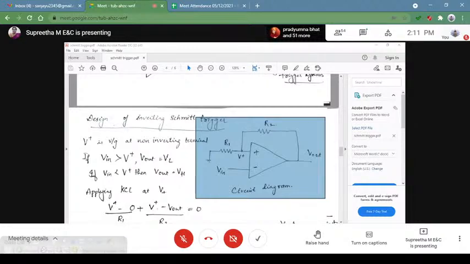Okay, so I call this node V plus. Now, can you analyze this op-amp circuit and tell me what will be the voltage, and how do you analyze it first of all? Applying KCL at node V plus, what happens?